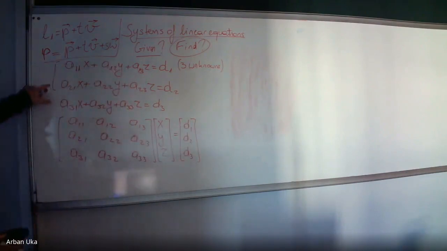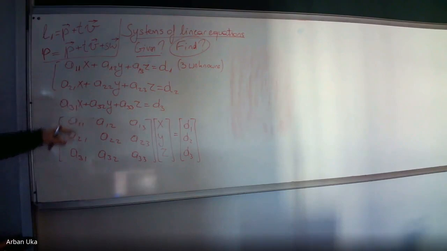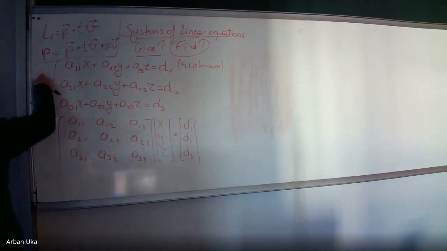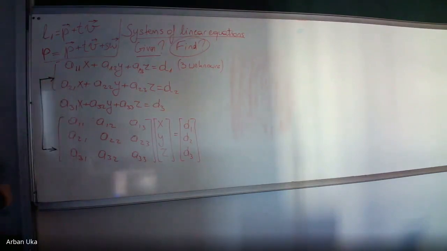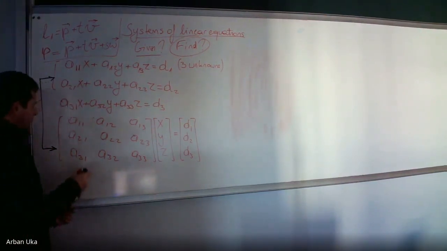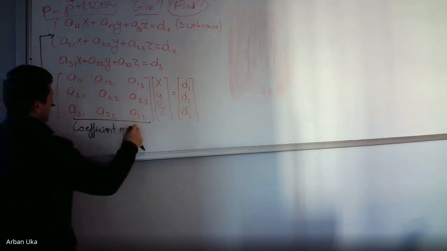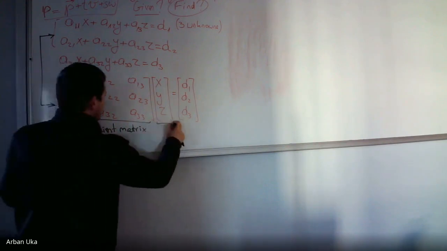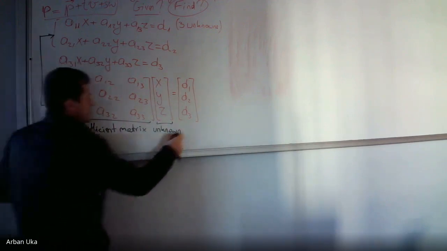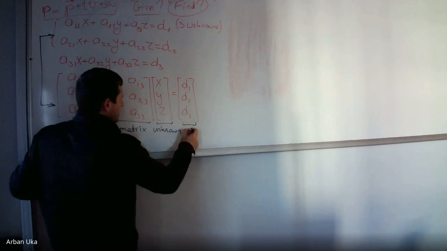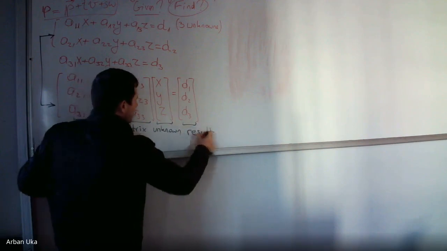So this system of equations is equivalent to this one here. It's completely the same thing. Only that this one here we call the coefficient matrix. This is the unknown, and this is the answer, or the result vector.